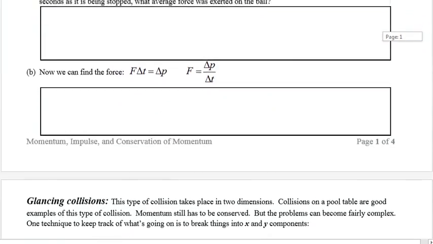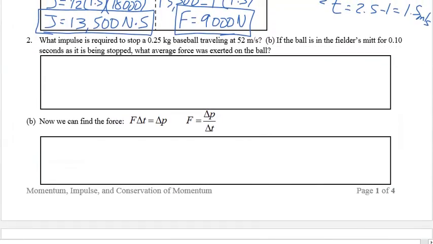Okay, let's look at number 2. What impulse is required to stop a 0.25 kilogram baseball traveling at 52 meters per second? B, if the ball is in the fielder's mitt for 0.1 seconds as it is being stopped, what average force was exerted by the ball?